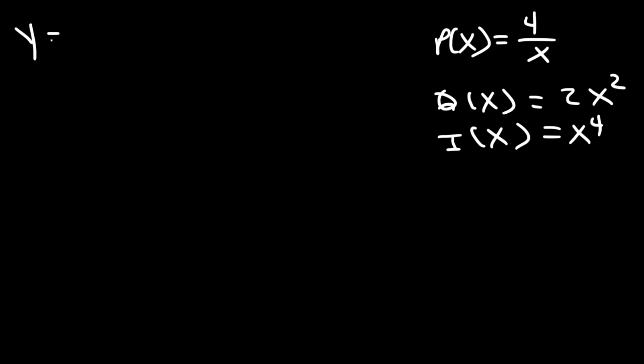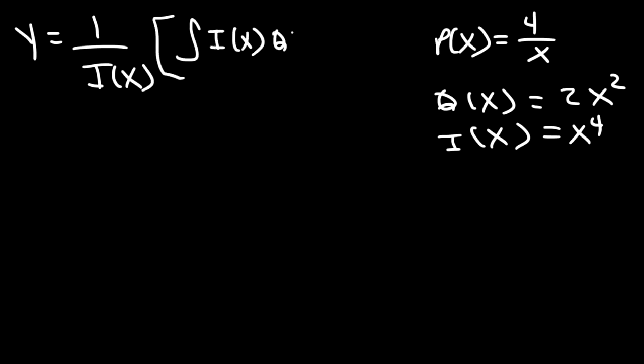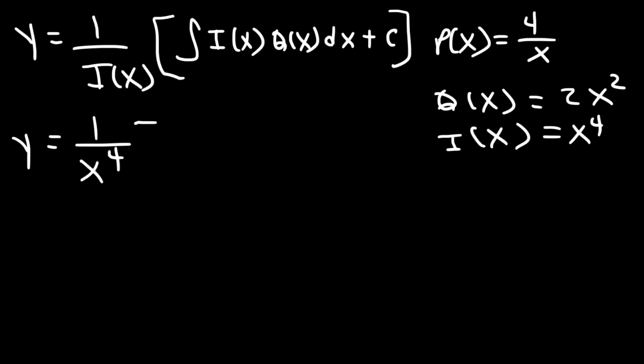So now let's use this equation. y is equal to 1 over the integrating factor times the integral of I of x times q of x dx plus c. So this is going to be 1 over x to the 4th times the integral of x to the 4th. q of x is 2x squared, and then dx plus c.